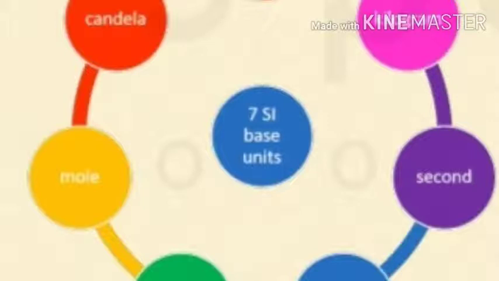This is why these 7 measurement units are required. These are length, mass, time, current, temperature, amount of matter, that is mole, and candela, which is the unit of luminous intensity or light intensity.